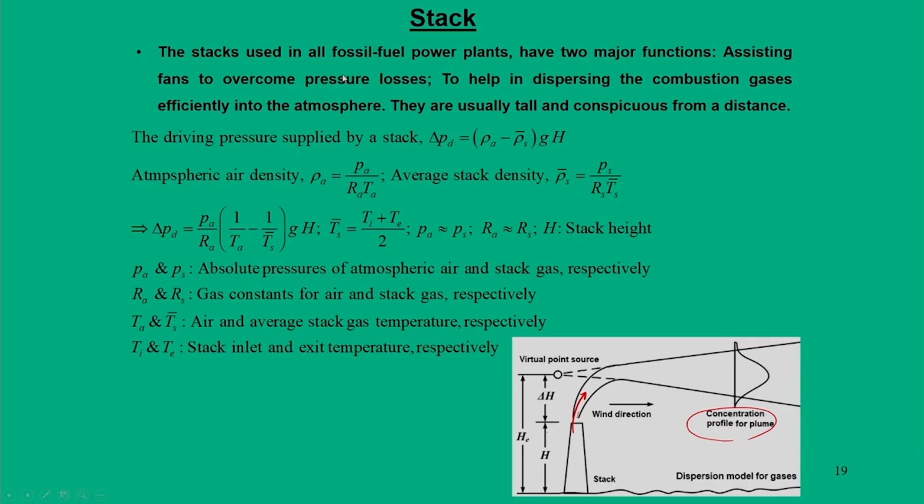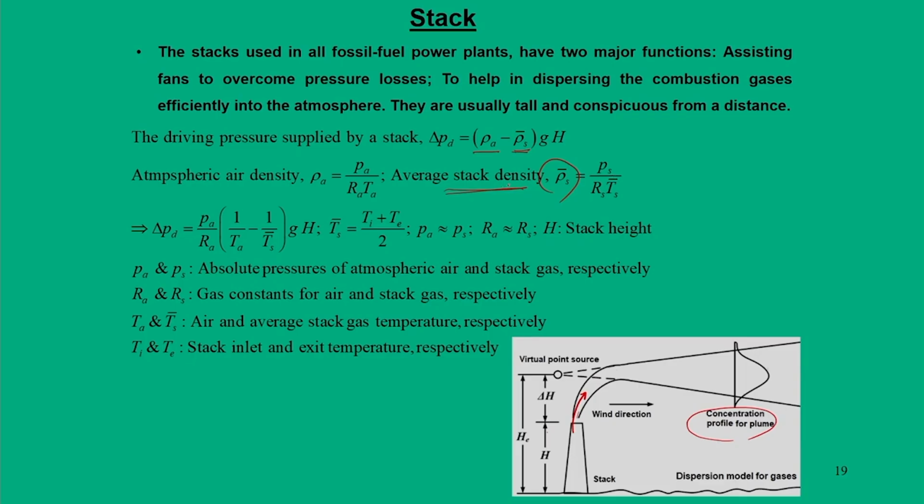So, essentially the driving pressure is due to the density difference between the atmospheric density and rho s bar. Rho s bar is the average stack density, that is, whatever gas is contained within the stack. They are taken as the average gas density, and the atmospheric density is related to atmospheric pressure, temperature and its gas constant.